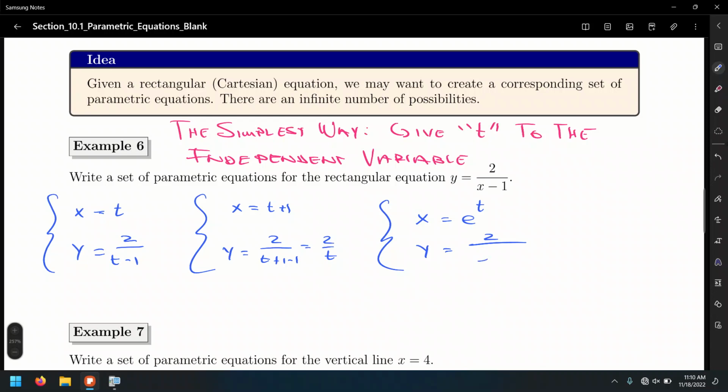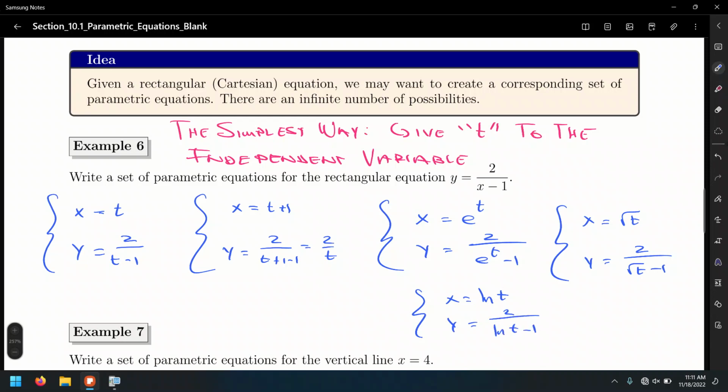Then y equals 2 over e to the t minus 1. How about x equals, let's think of something else. Natural log of t, or x equals, let me do the square root of t. y equals 2 over root of t minus 1. And just like you said, x equals ln of t. y equals 2 over ln of t minus 1.